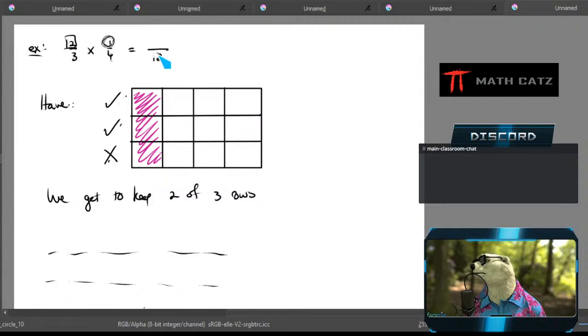So let me actually backtrack here. I should have been more clear. It's 3 times 4. And it's always going to be the product of the two denominators, my new denominator. And because of what I do in my basic method, it's always going to be the product of the two numerators.